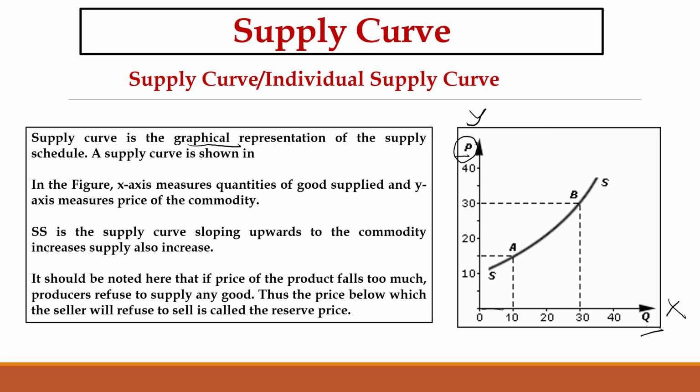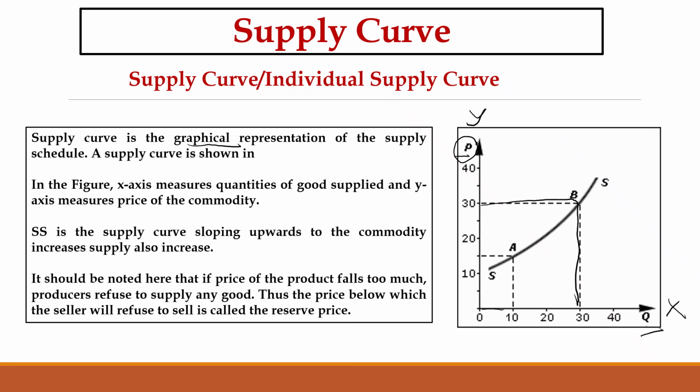We have taken only two combinations. When the price increases to 30, the supply also increases to 30. This is my point A, this is my point B. Now I am joining A and B.